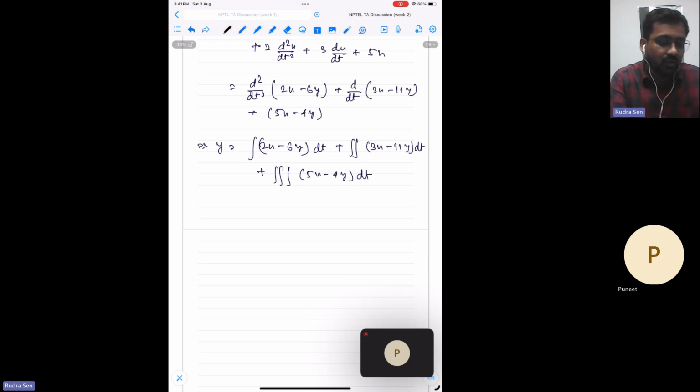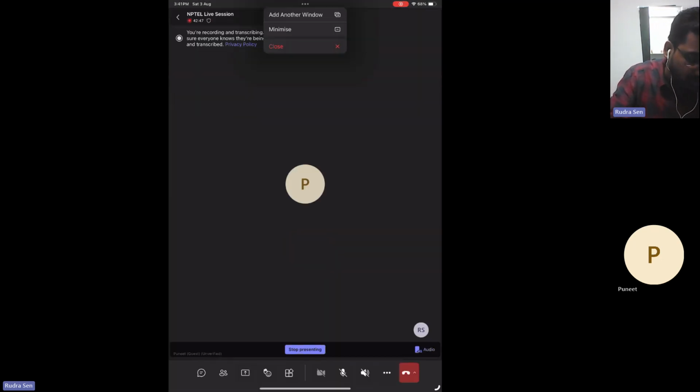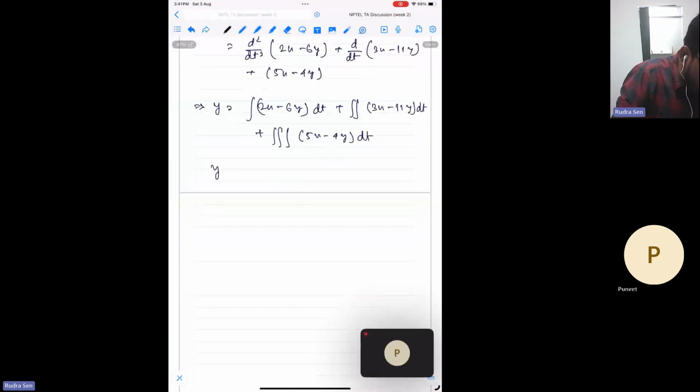Now here I am choosing y equal to x1. This whole term I'm considering as x1, instead of x3.